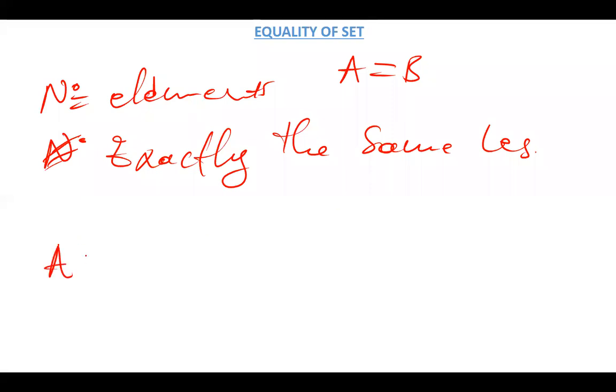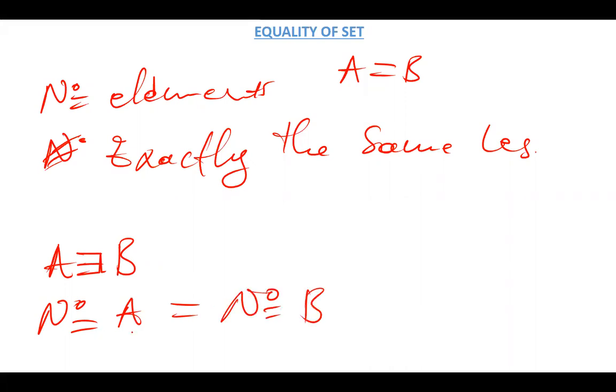But if we say A is equivalent to B, the equivalence part means that the number of elements in A is equal to the number of elements in B. So if the number of elements in A is equal to the number of elements in B, it implies that set A is equivalent to set B. For this, you can have maybe 1, 2, 3, 4 as the elements in set A, and then set B maybe contains A, B, C, D, as long as the number is just the same.